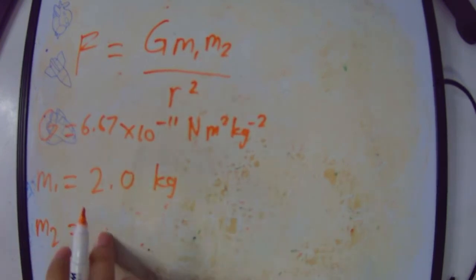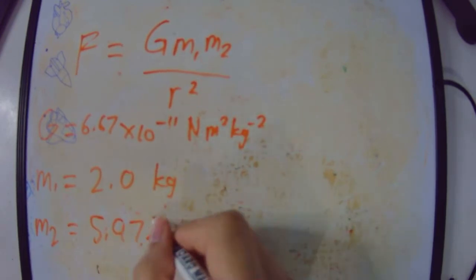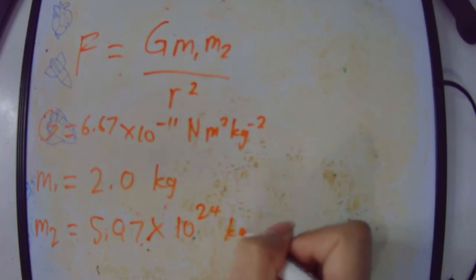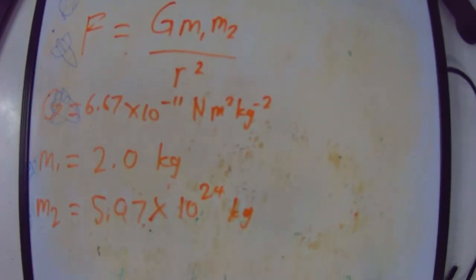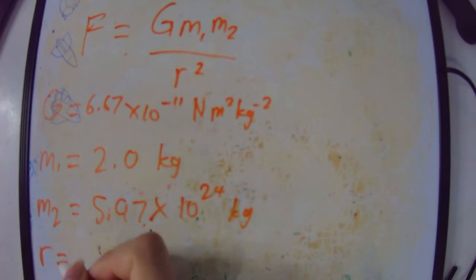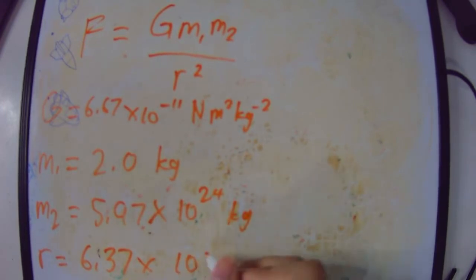Mass of the Earth equals 5.97 times 10 to the power of 24 kilograms. And finally, the distance between the center of the Earth and the center of the durian, which is R. R equals 6.37 times 10 to the power of 6.